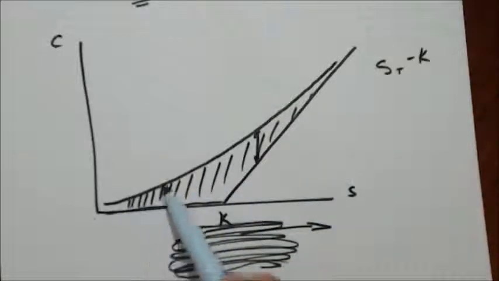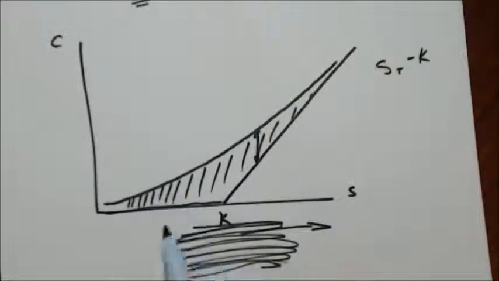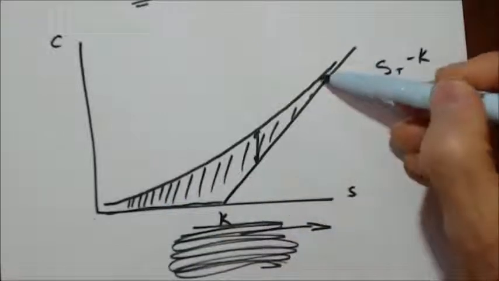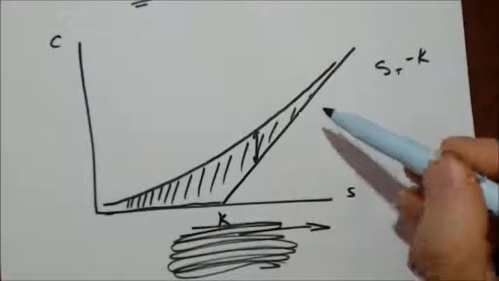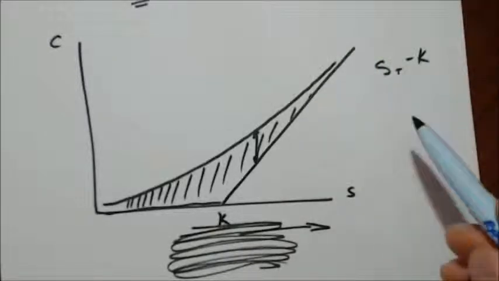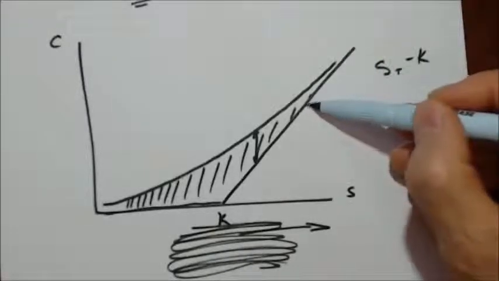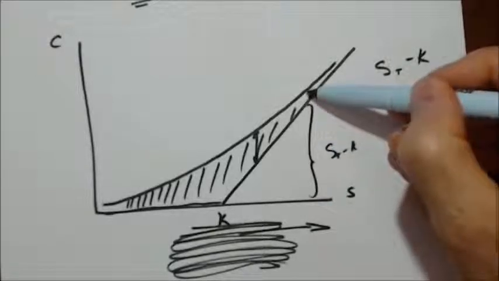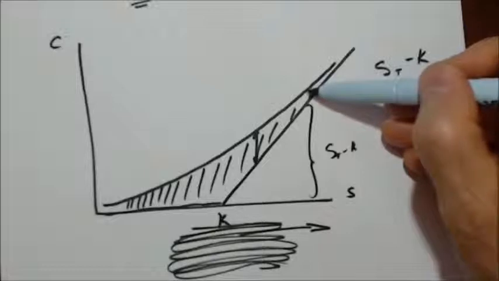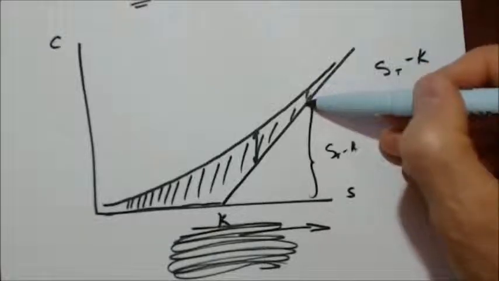Here, the option becomes worth less and less because the probability of the stock finishing in the money above K is very slim, so it's not worth very much. And the option is worth a whole lot up here because it can finish in the money. And so here we also know that here's a big S_T minus K intrinsic value. And what we'll talk about later in the course is, why is this so small?